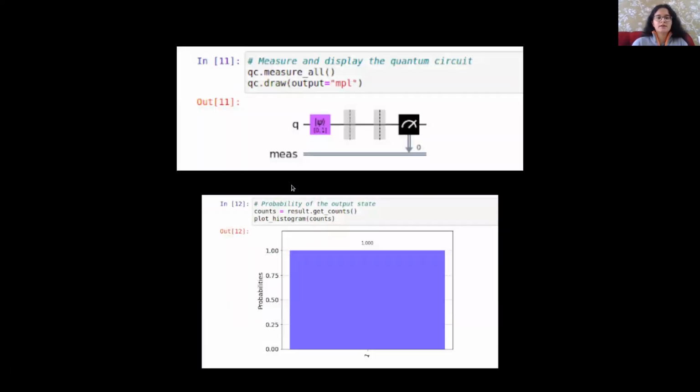So we apply measurements and draw the output and get something like before. And when we run this experiment multiple times and count what are the results that we're getting every time and plot a histogram of it, we get 100% probability of being in state 1.